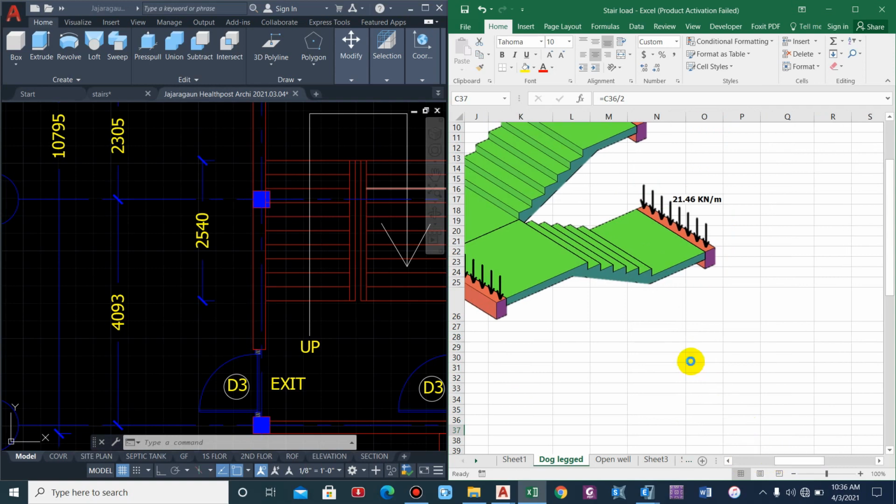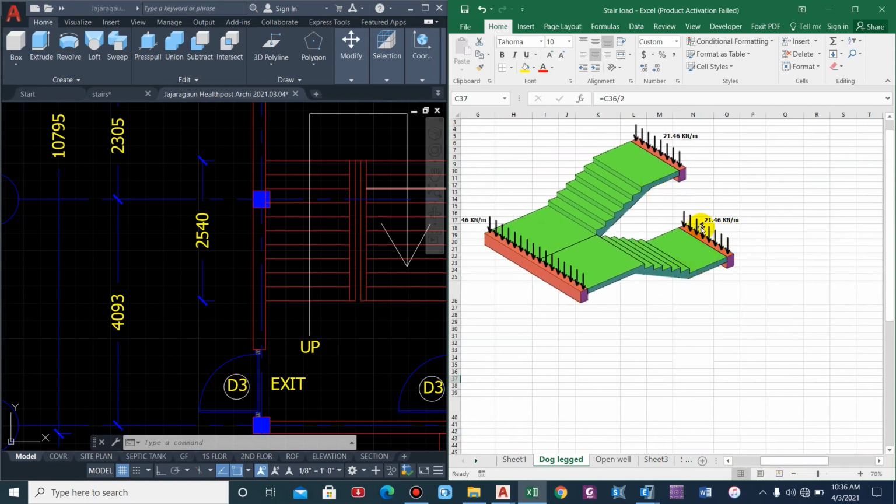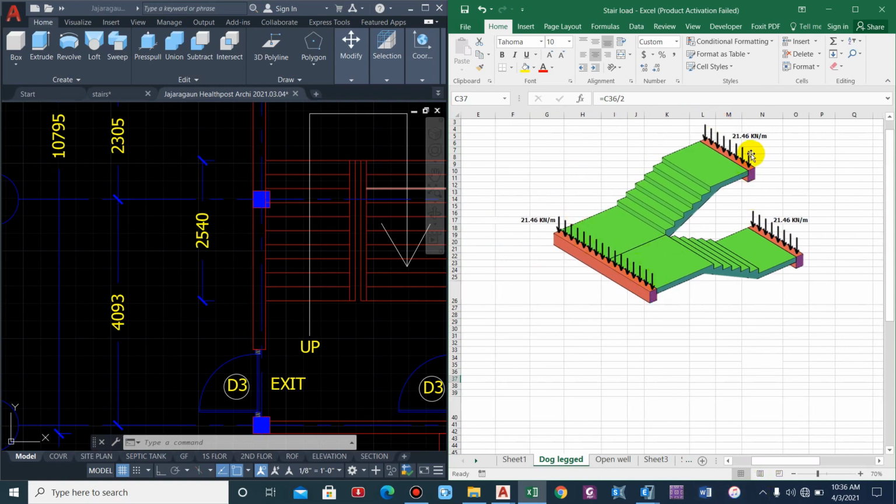Now this load is to be distributed in this manner: 21.46 on this beam, 21.46 on the mid landing beam, and 21.46 on this beam. But remember, we are not considering the length of the landing, so the beam is supposed to be provided from the point where the landing starts over here.